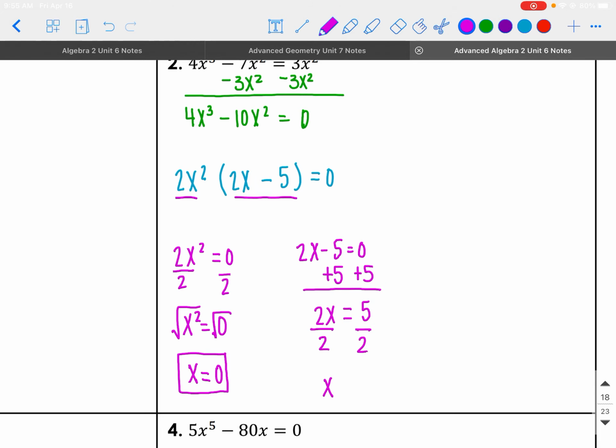And then we divide by 2 to get x equals 5/2. You can leave it as a fraction or you can change it to a decimal, either way. So not too bad yet. It's coming though.